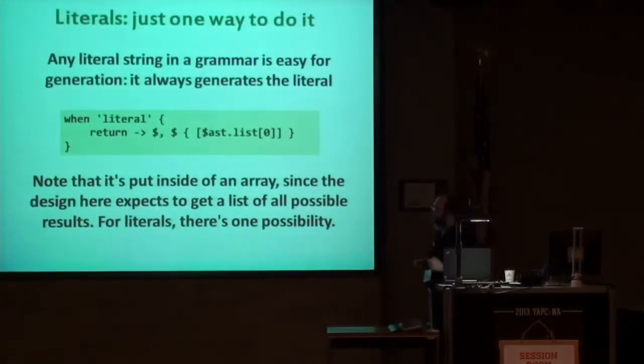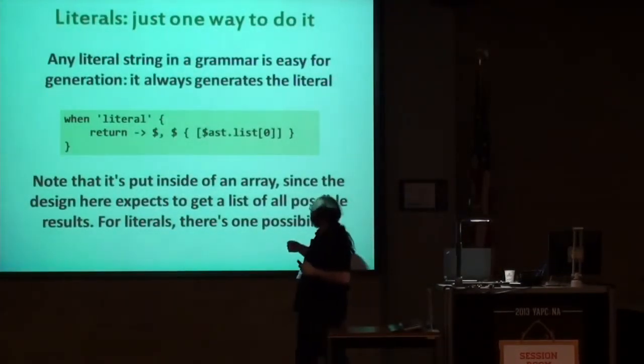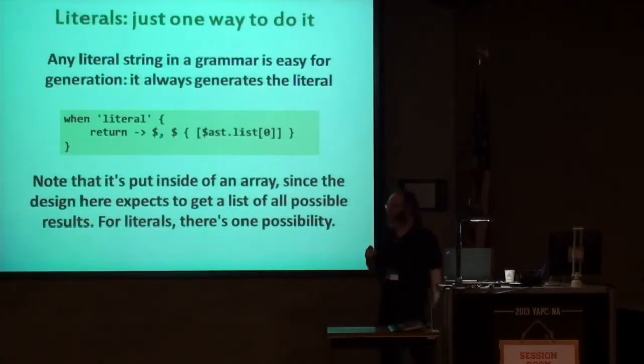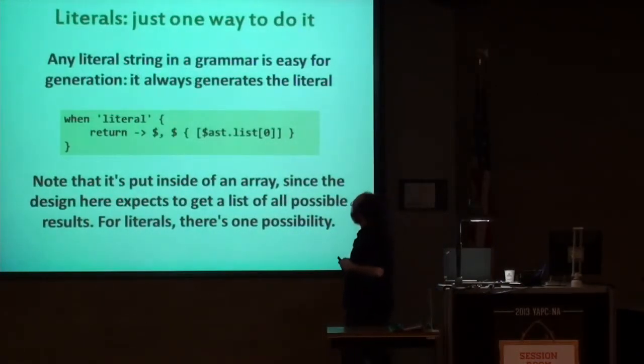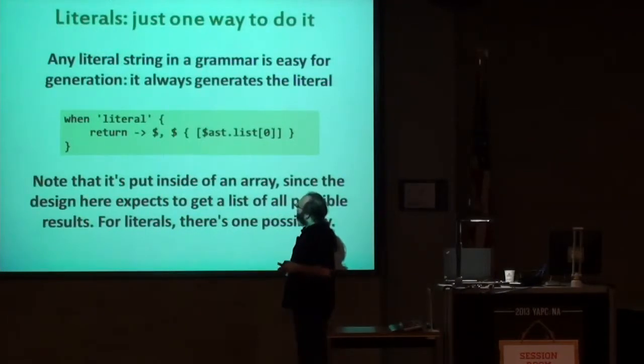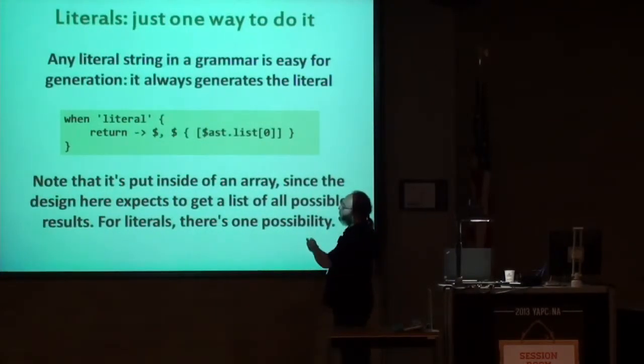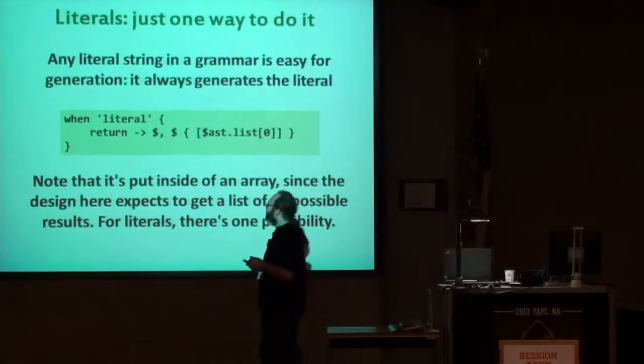Just to show you a couple of examples, this is the one for literal. A literal has a string that we're going to emit. And we just say, when we have a literal node, we make this closure. It takes two arguments. It completely ignores them. One is the grammar, one is the match, but it doesn't need them in this case.